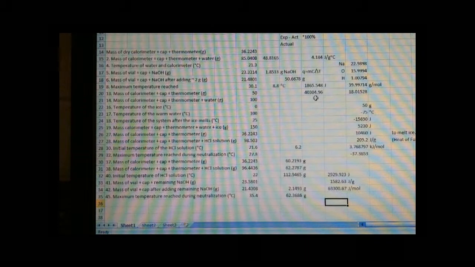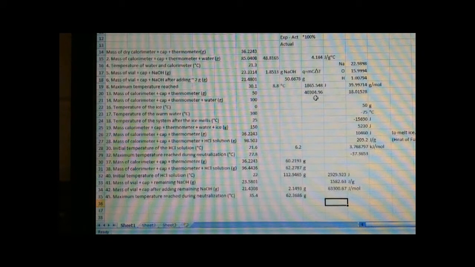So I have the mass of the solution times the specific heat of the solution, which we're approximating as the same for water, times the change in temperature, which we said was 13.4. Okay, so I have 3496, or if I round that to three significant figures, it'll be 3500.